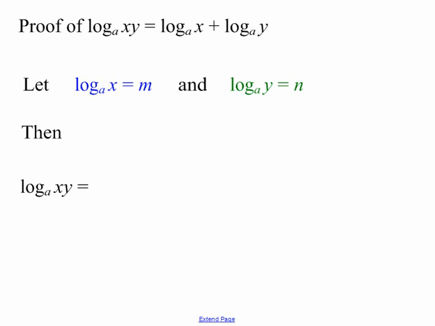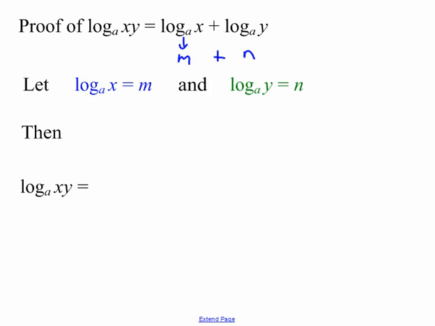We're going to start off with the idea of just letting log base a of x equal some variable. Let's call it m. And log base a of y is equal to n. So basically, we've just called this m and this n. And we want to mess with it.